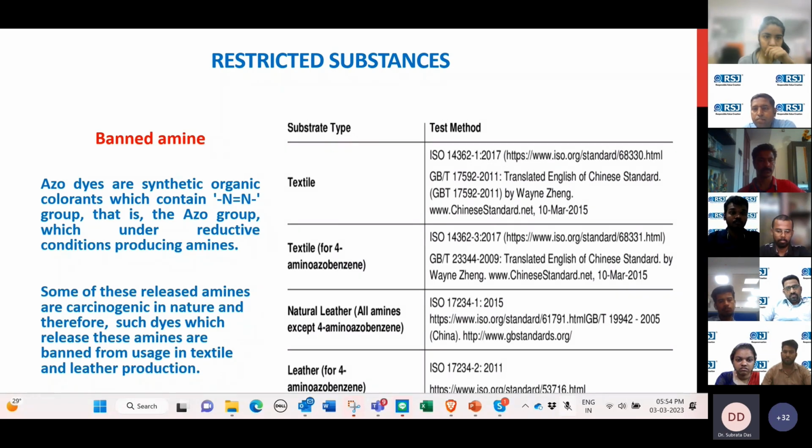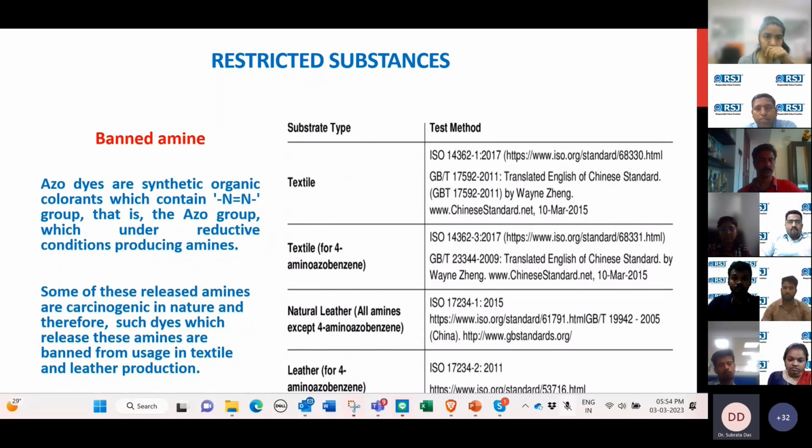Now a very interesting point is there. Many people don't know about this: we have some conception that banned amines can only come from the dyes. It is not so. They can come from finishing chemicals also, or a dye which is not harmful may also cause the release of amines that fall within these 22 categories of banned amines. So we have to be very careful, because the machine or instrument where it is tested is very important, like the GCMS.